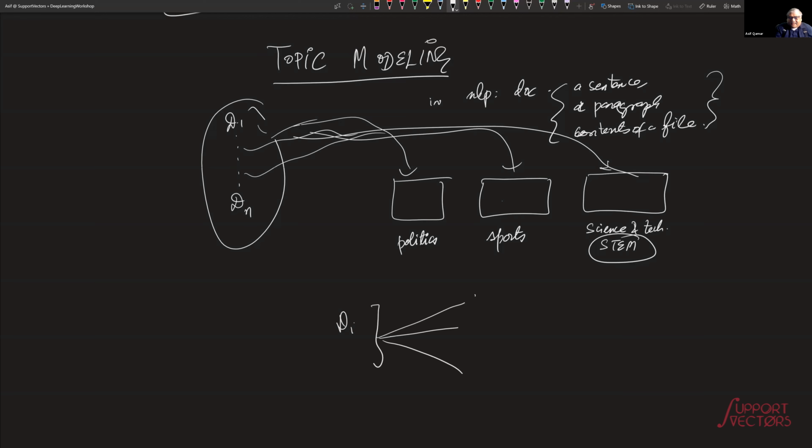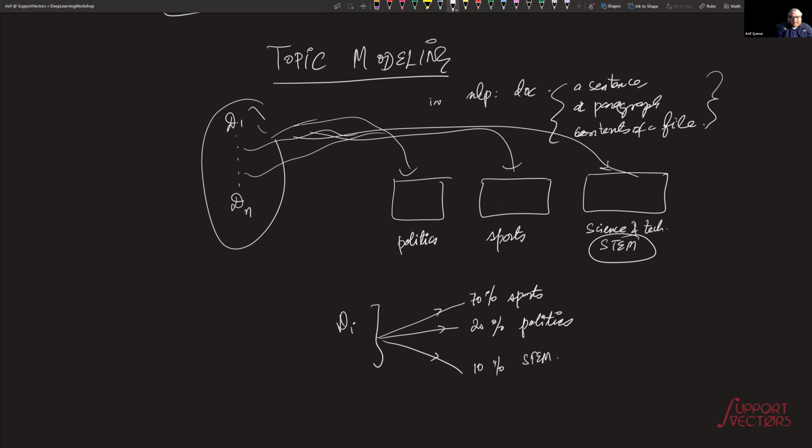You can say: 70% sports, 20% politics, because for whatever reason it also talks about some political acts during the game in the stadium, and maybe 10% medicine or science and technology, STEM. Let's say it's talking about some sports injuries and how people have recovered, or the physics of the game, and so on and so forth.